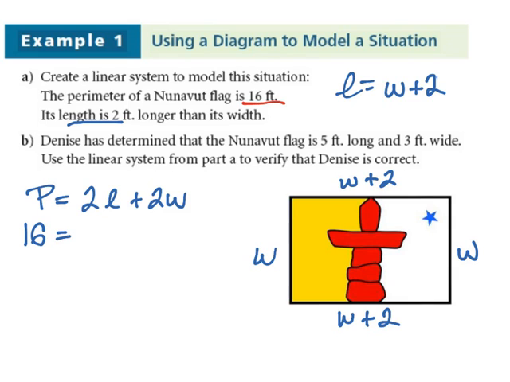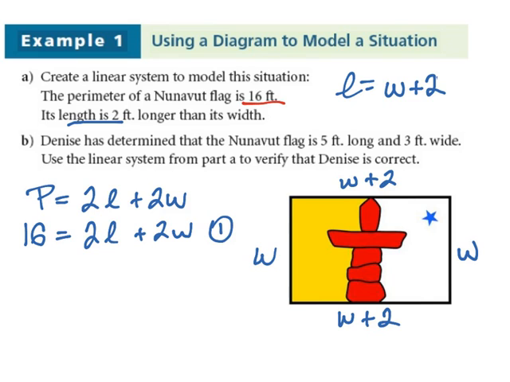Let's reestablish this perimeter equation. So 16 equals 2L plus 2W. And this is our first linear equation.